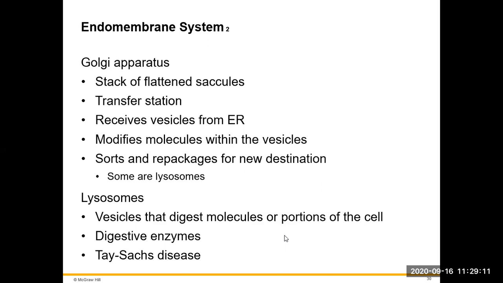This genetic disorder has a lot of abnormalities associated with it. If the cell is unable to digest some of the molecules it doesn't want, there will be an accumulation of toxic chemicals within the cell, which might have a detrimental effect on the whole function of the cell.